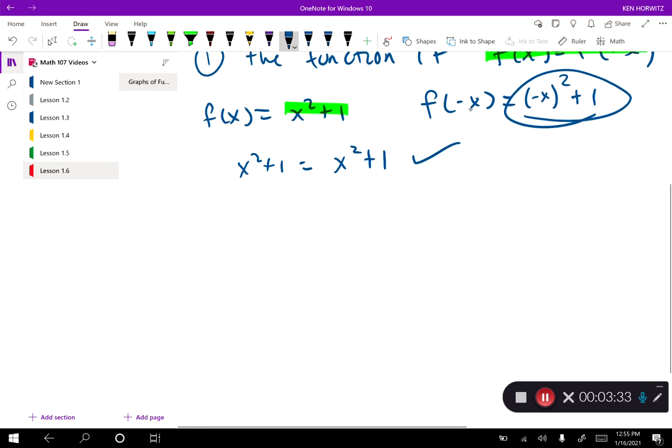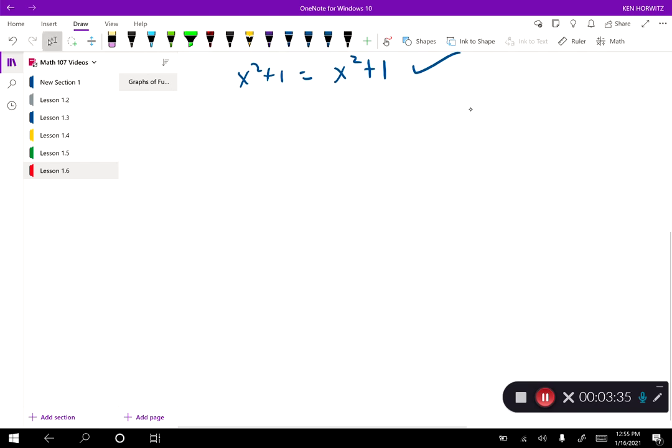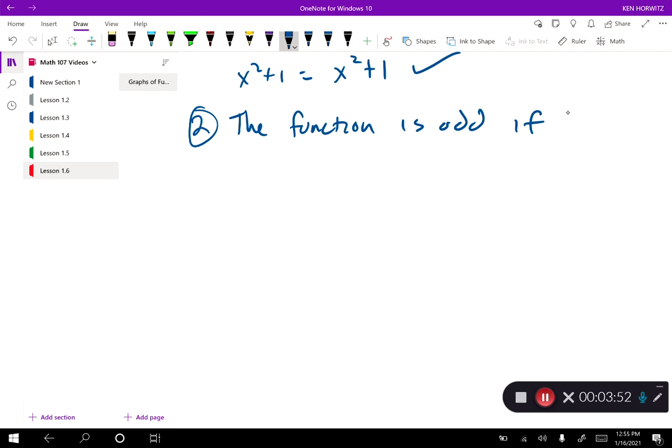All right. So my second test, obviously, is the function is odd if f of negative x equals negative f of x. All right.